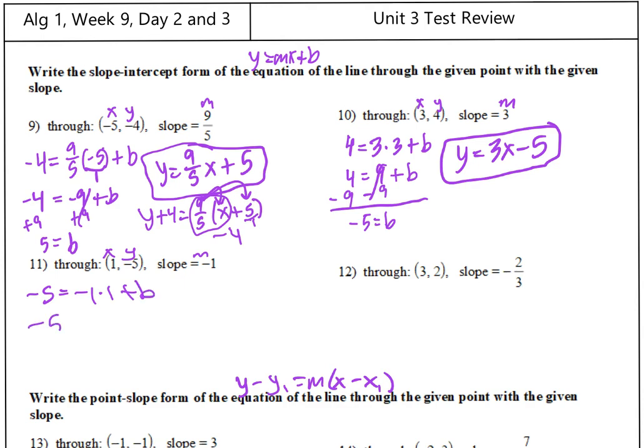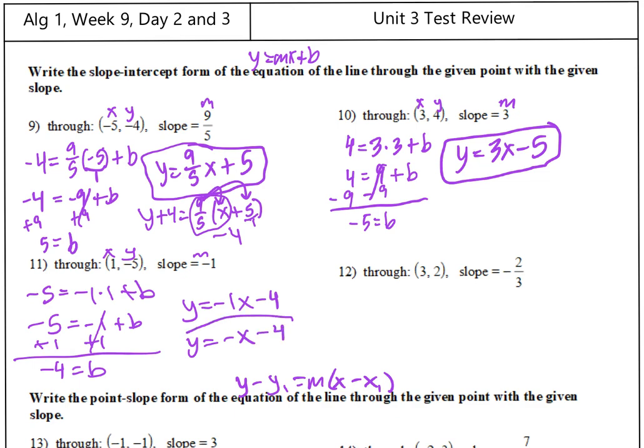So -5 equals -1 plus b. So let's add 1. So -4 equals b. So let's do y equals -1 x minus 4. Or even better, we don't need the 1 in front of the x. We could write -x minus 4.